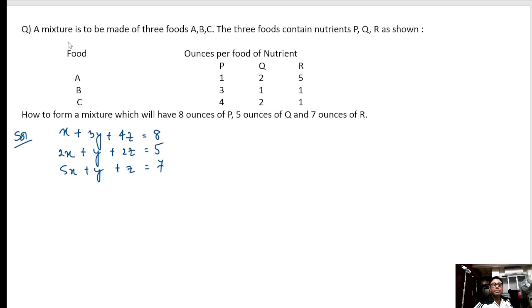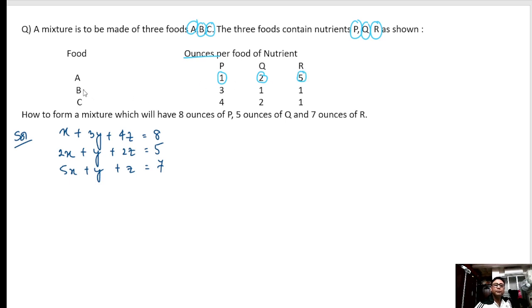Next they are telling you have to make a mixture of 3 foods, A, B and C, and the 3 foods should have the nutrients P, Q and R. How? The ounces are given that for P in the food A you have to give 1 ounce, Q nutrient as 2 ounce, R nutrient as 5 ounce.